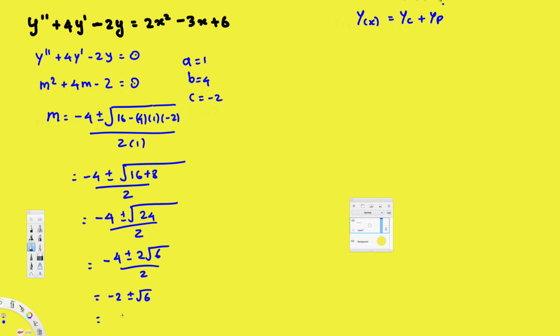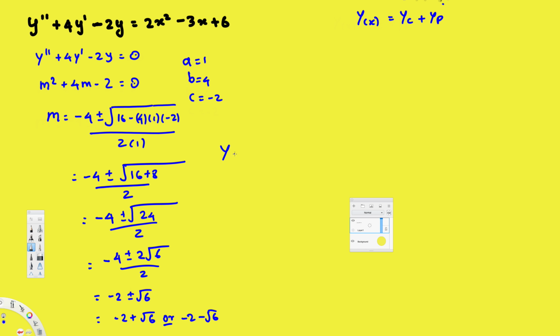Here we are getting two different roots, so this is two distinct real roots. When we have two distinct real roots, the complementary solution is going to be in this pattern. Let's call one of them m1, minus 2 plus square root of 6, and the other m2, minus 2 minus square root of 6.